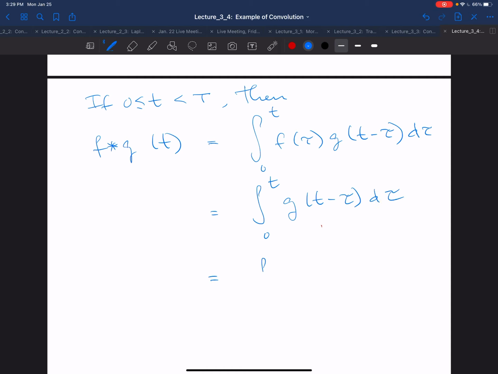And that will be the integral of e to the minus t minus tau d tau. So we can take out a factor of e to the minus t because we're integrating with respect to tau. So we simply have e to the minus t times the integral of e to the tau d tau.